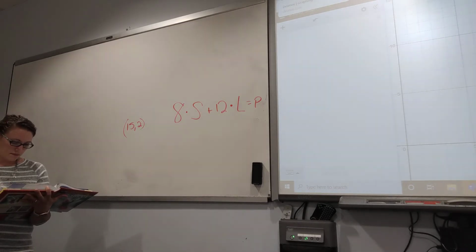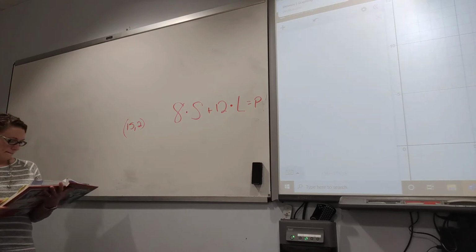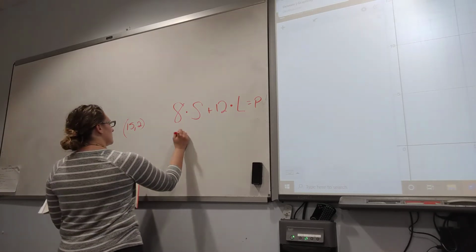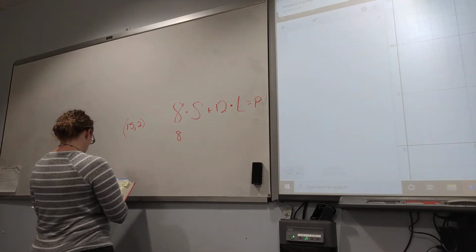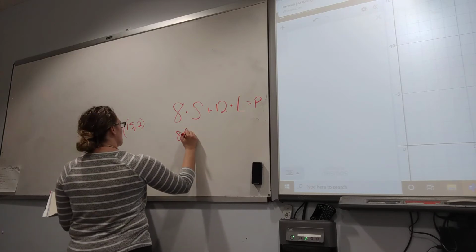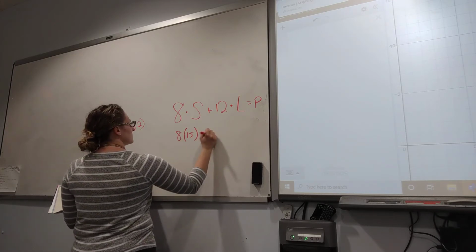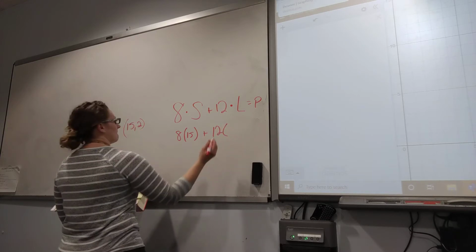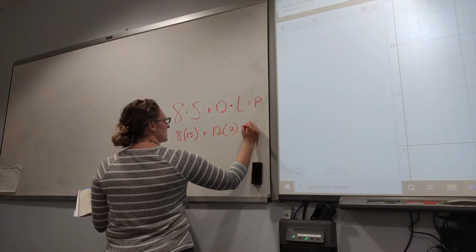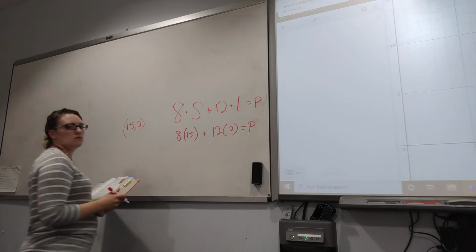Okay. So let's just go ahead and substitute in. Let's solve for P. So we have 8 times S, and we're going to put 15 in for S, and 2 in for the L. Okay, 12 times 2.